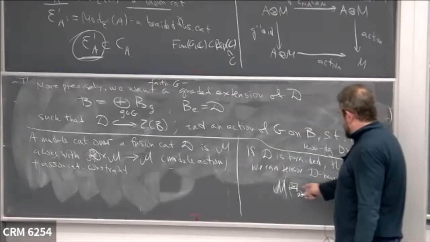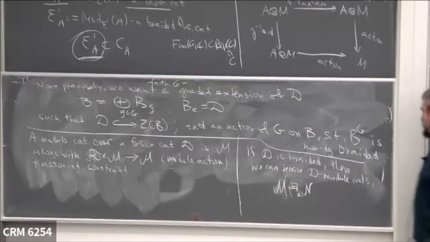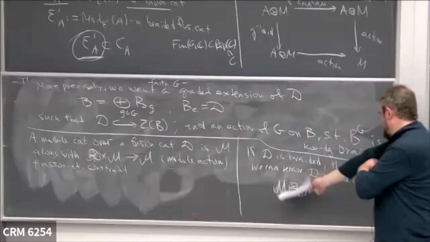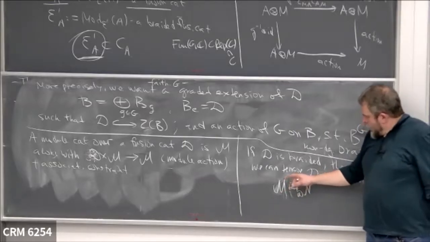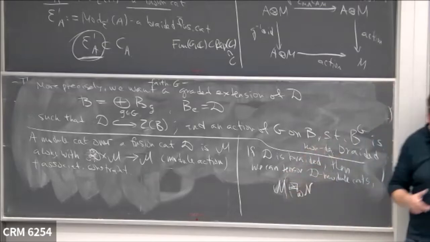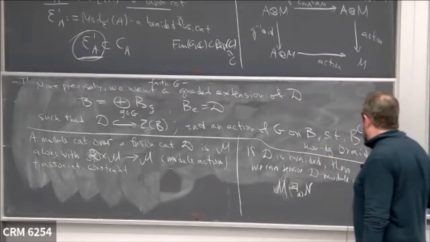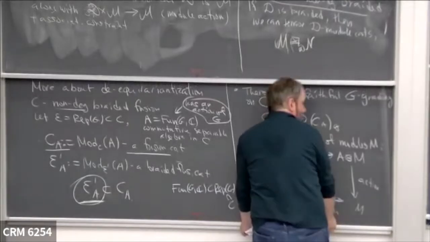So the tensor product over D of module categories N and N. The easiest way to do it, without going to too much abstraction, is just to take the tensor product of algebras and introduce the algebra structure on a tensor product. If the category is braided, this is possible.